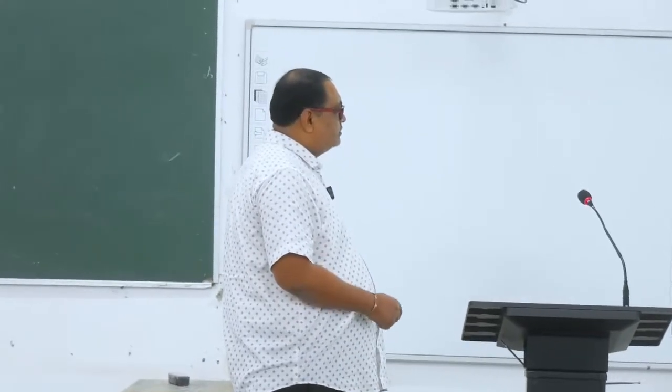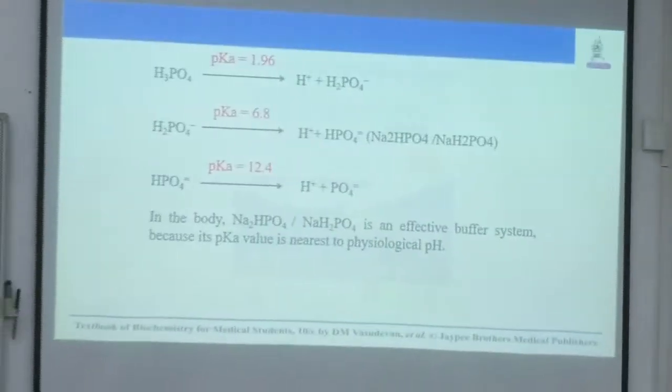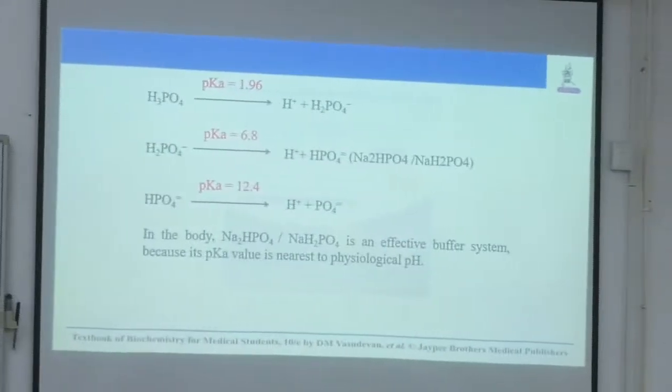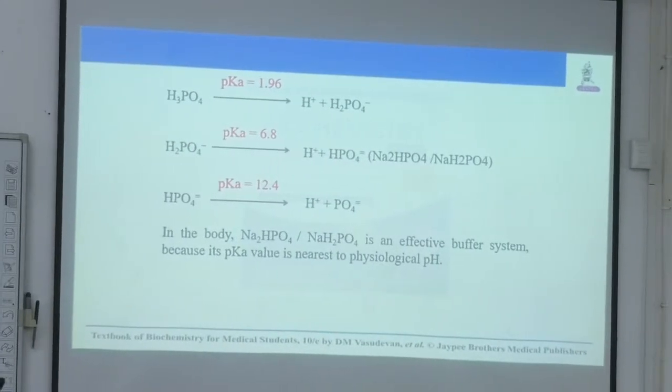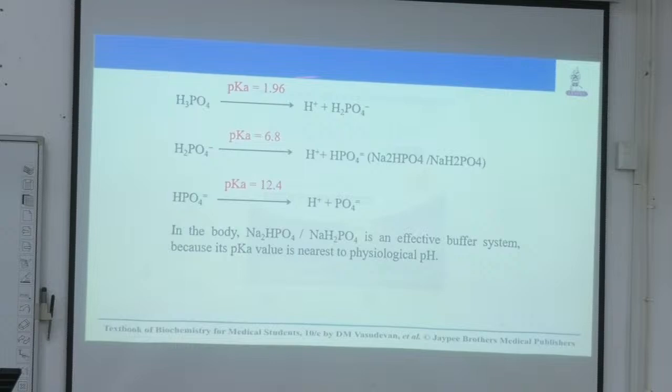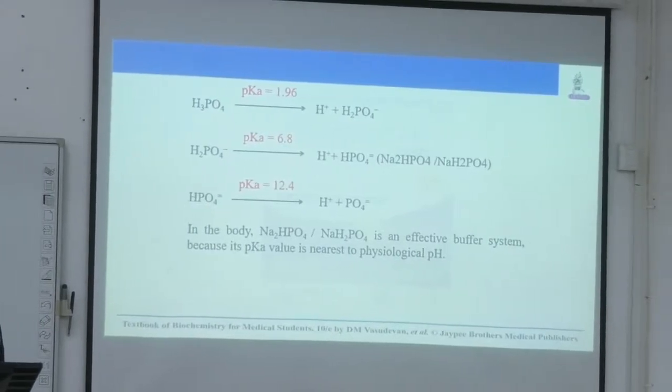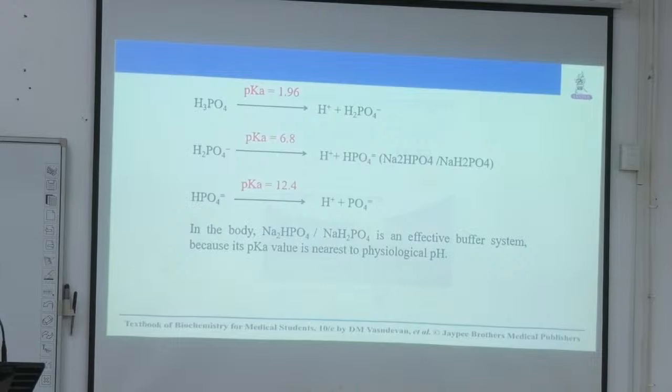The next part comes the calculation for phosphate. The phosphate is phosphoric acid. It has 3 dissociable hydrogen ions. First one, if we dissociate, then its pK is 1.96, second one is 6.8, and third one is 12.4. It is almost impossible to remove the third dissociable hydrogen from the phosphoric group.